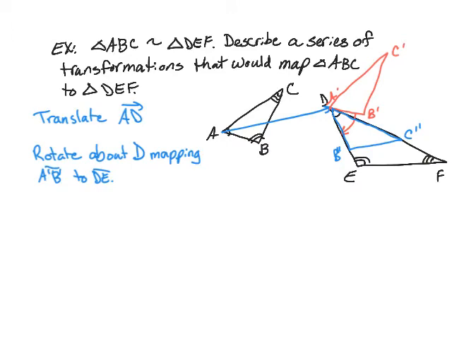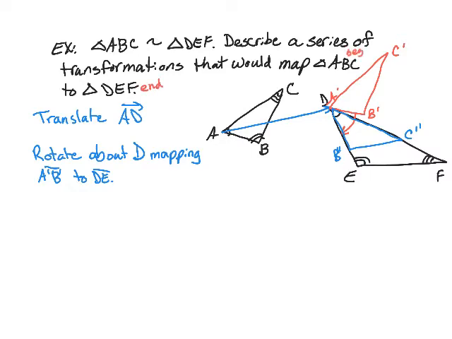The last thing we have to do is dilate it, so B double prime, C double prime maps to EF, but I can be a little bit more specific because I can use a scale factor. And my scale factor could be DE over AB. Remember, it's always end over beginning. So if we go back here, DEF is where I want to end up. ABC is where I started.